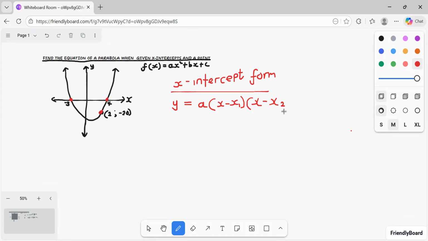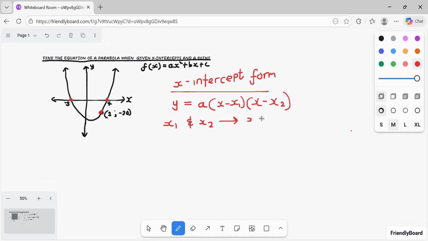So this is what is called the x-intercept form, where x1 and x2 are the x-intercepts.